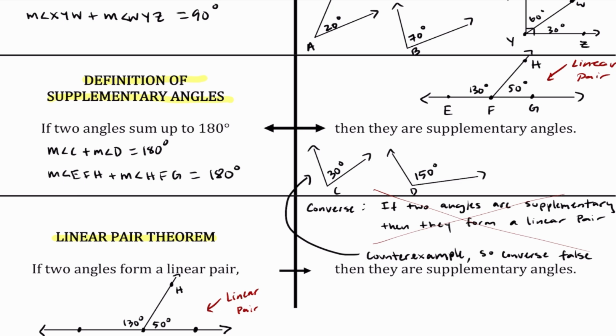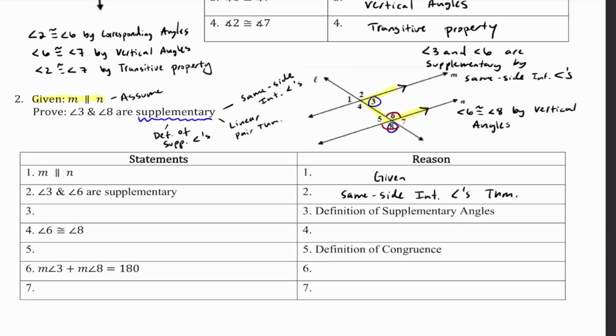The converse of that, because it's a definition, if they are supplementary angles, then the two angles sum up to 180 degrees. So let's go back to the notes. Remember, angle 3 and angle 6 are supplementary. This is telling the reader that these two angles are supplementary in word form.